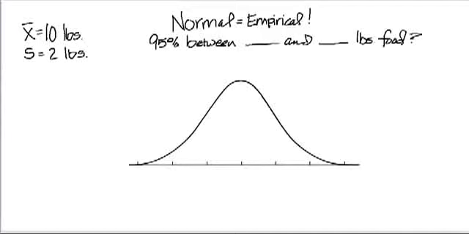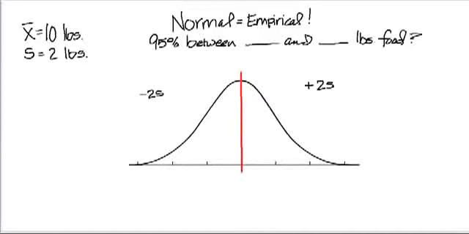So, normal distribution, empirical rule, 95% falls plus 2 standard deviations and minus 2 standard deviations from the mean. We know, because of the way normal distribution works, the mean of the distribution is right here.